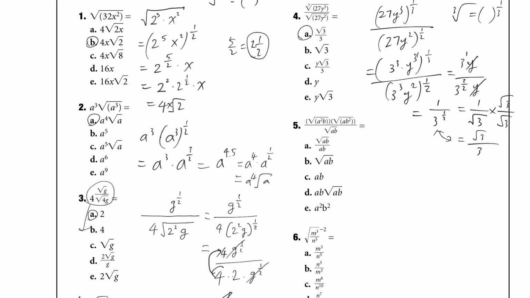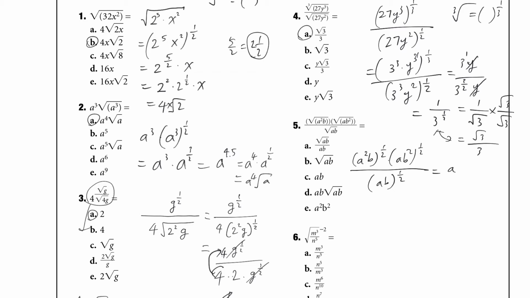Question number 5. Let me rewrite this also. So a squared times b to the power of 1/2 times ab squared to the power of 1/2 divided by ab to the power of 1/2. Okay, so let's just expand the brackets.